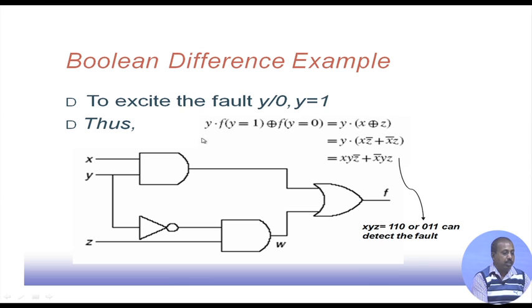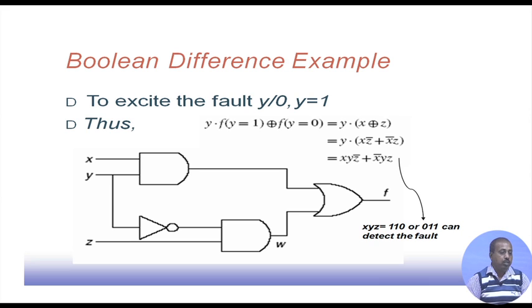In this particular case, to excite the fault y stuck at 0, first of all this line y should be equal to 1, and the remaining part will ensure that f with y equal to 1 and f with y equal to 0, these two functions XORed being 1, will ensure that the fault actually propagates. As we have seen in the test generation process, there are two parts. One part is to excite the fault and the second part is to propagate the fault.